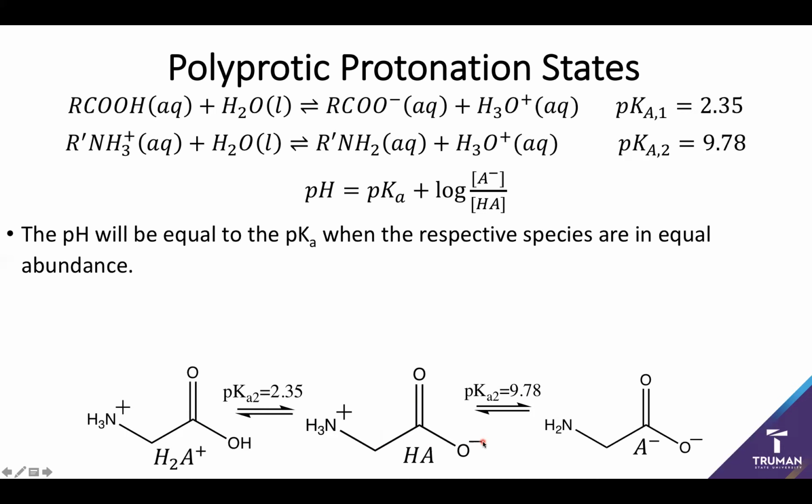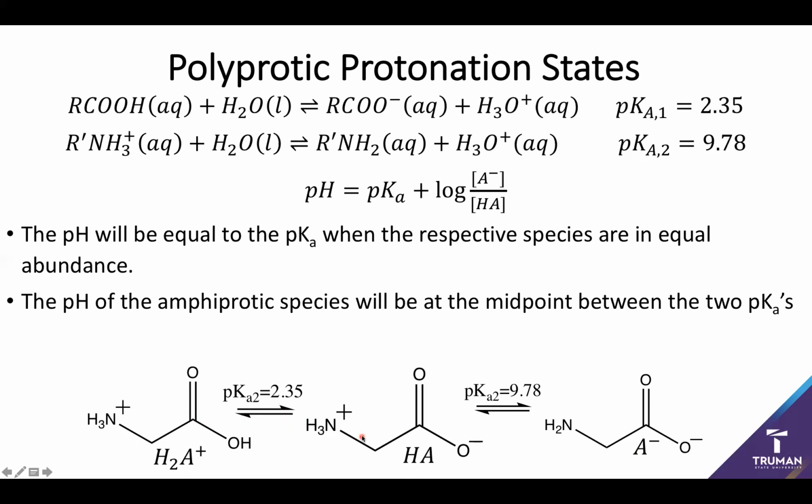Now, if I throw essentially my base form in, I can imagine getting its pH just by using a weak base calculation, as I only have to care about the highest pKa. Similarly, if I throw in my acid form, I only have to worry about the lowest pKa. But if I throw in this amphiprotic species, it turns out that the pH would essentially be at the midpoint of the two, because it doesn't want to gain or lose a proton.